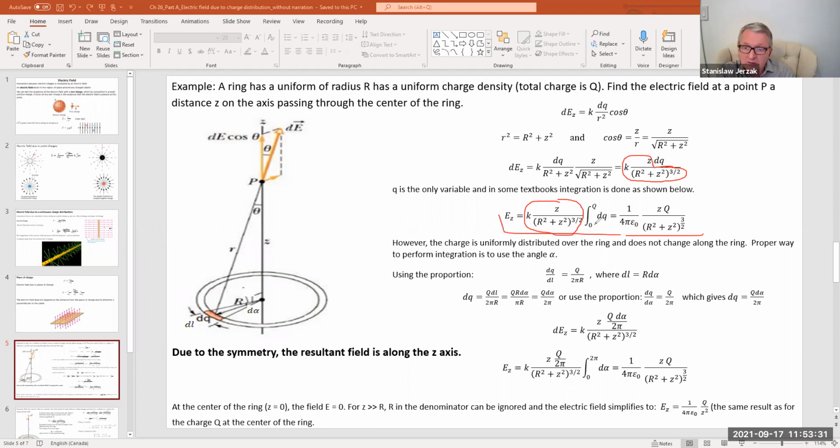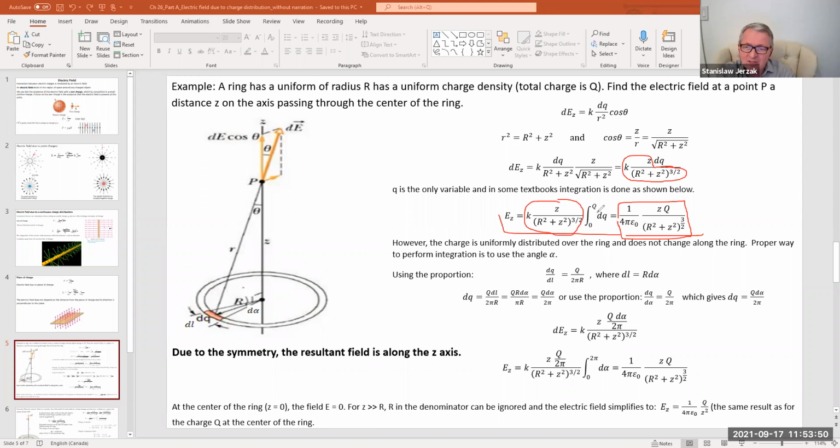And quite often it's written in the textbook, with limits of integration from 0 to capital Q, that the integral over all charges along the ring is capital Q. So this is the final result. Written like this, the final result is correct, as you will see.